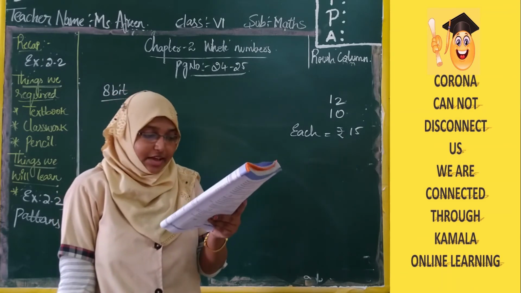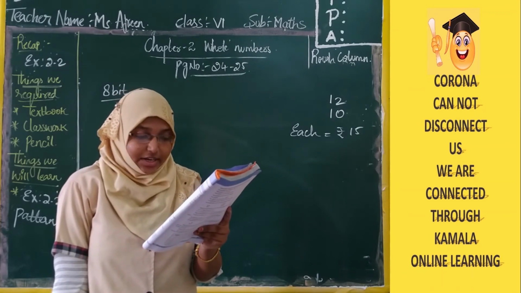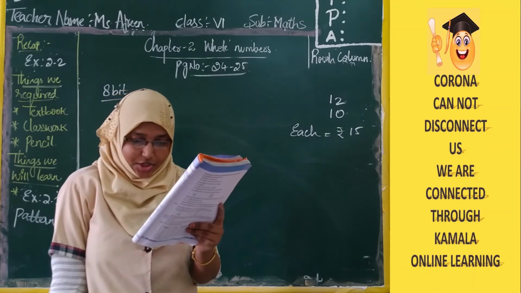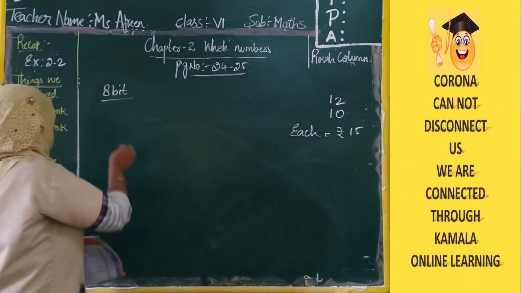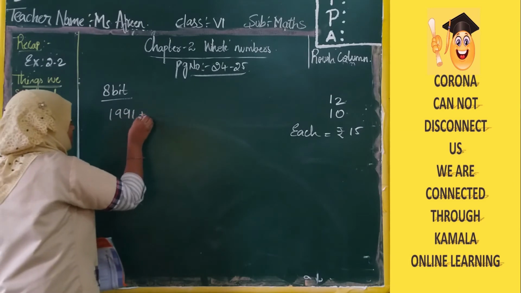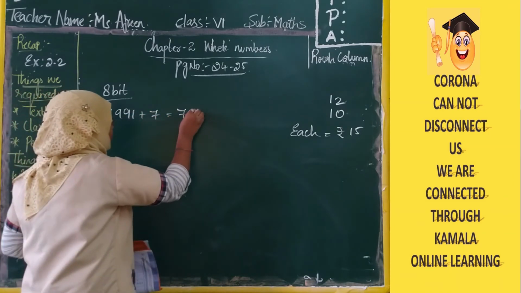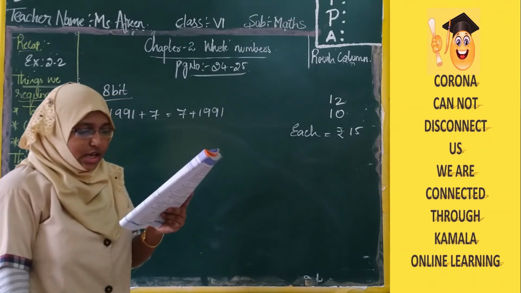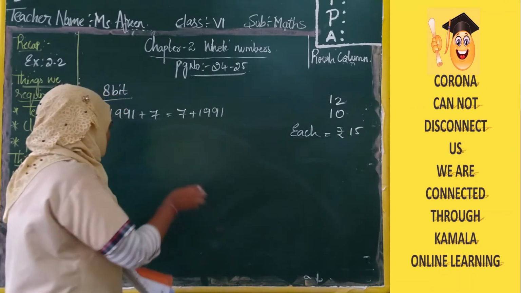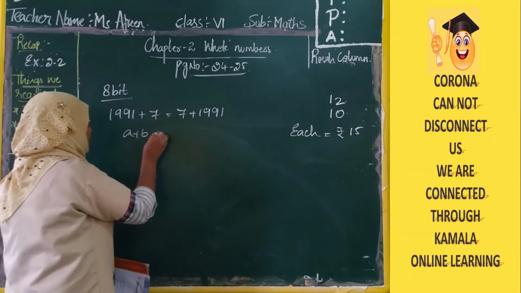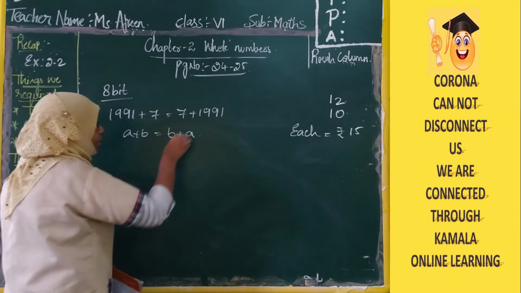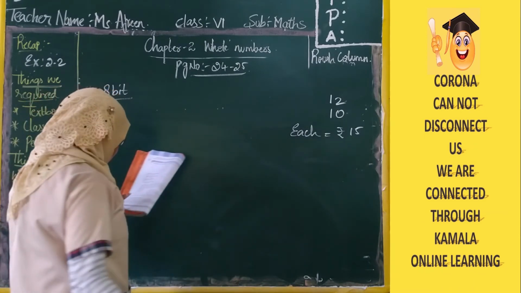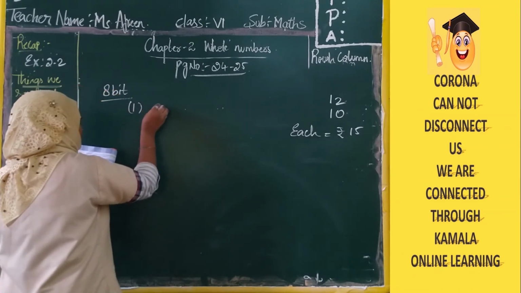On the left side they have given numbers, and on the right side which properties or identities have been mentioned. So 1991 plus 7 is equals to 7 plus 1991. Which property is it? That is commutative under addition. See, a plus b equals b plus a, right? So the first one is C.